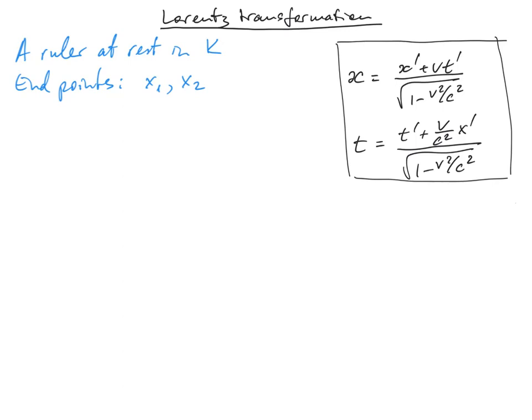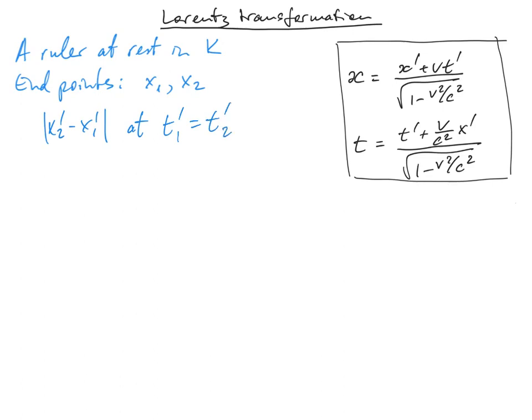Okay? So what does it mean that we measure a length of a moving object? Well, that means that we want to find x2 prime minus x1 prime such that they're measured at the same time in reference frame k prime.